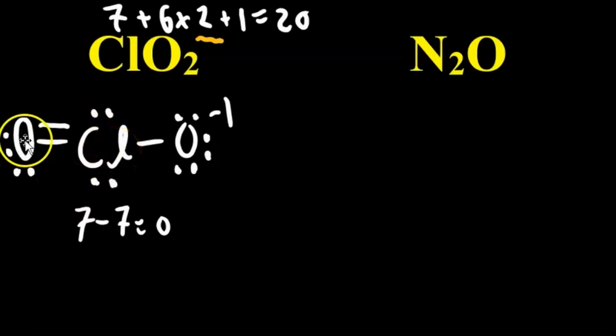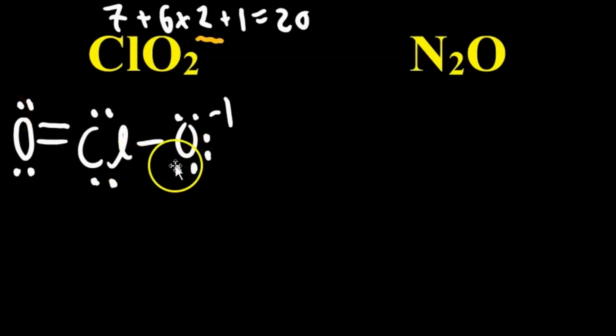Which is 0, and then this oxygen is no longer charged. We expect there to be 6 in this oxygen. It owns 1, 2, 3, 4, and then 1 in each bond, 5, 6. So 6 minus 6 is 0, so it's not charged. And actually, I'll put the electrons here just so it looks a little bit nicer. And this is our Lewis structure here in all its glory.